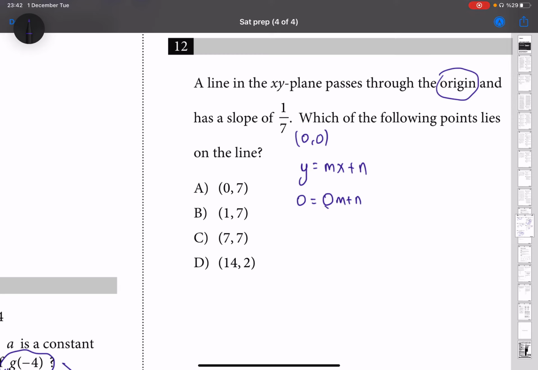To satisfy this, n should be 0. So our equation reduces to this form. Also, we know that the slope is 1 over 7. You should know that in this form of equation, m represents the slope of the line. So m is 1 over 7.